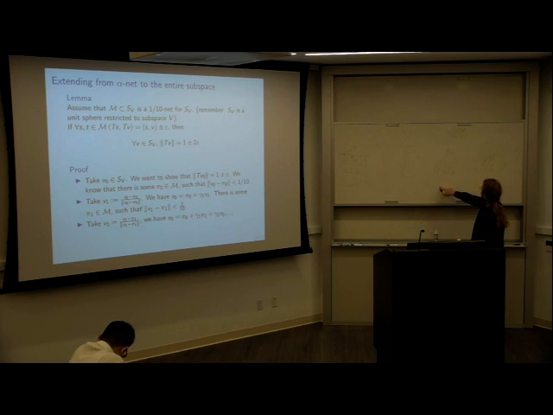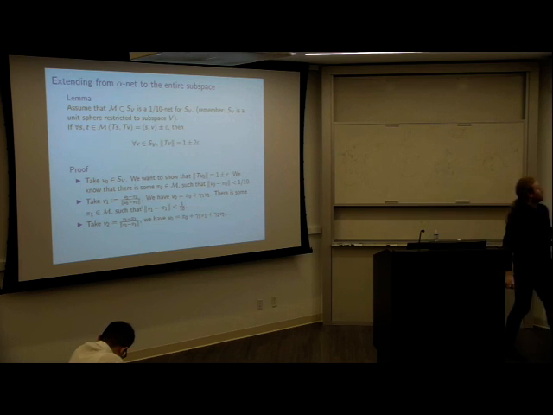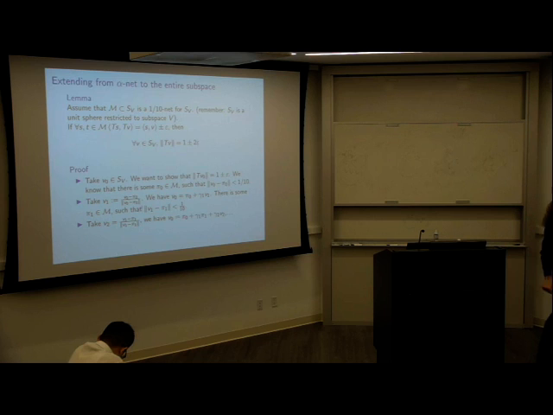If I plug this back in here, I'm getting that v naught is pi naught plus some scaling times pi 1 plus some scaling gamma 2 times the remainder, where the remainder is again of norm 1. It's on a sphere, so I can decompose it into something in my net plus the remainder.